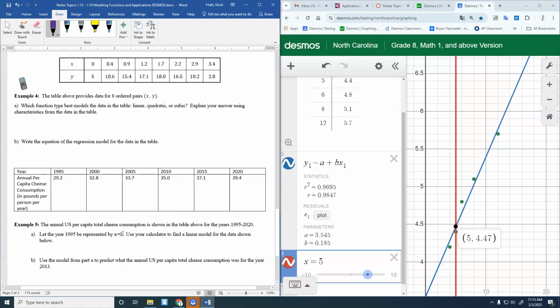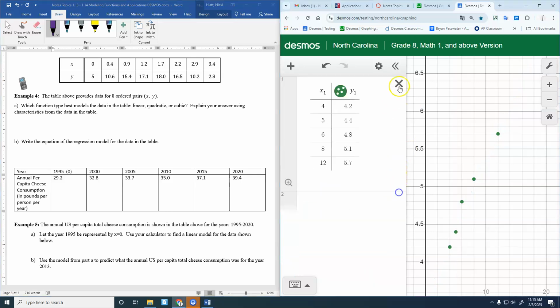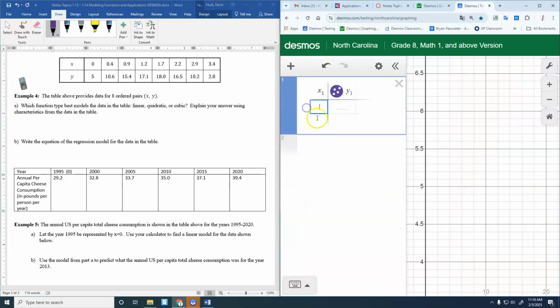This can be done with 1995 as 0, but it told you to let 1995 equal 0. So this one equals 0. That means when I go over here on my table, I'm going to start a new table and put 0 and 29.2. So if that equals 0, what should 2000 equal?